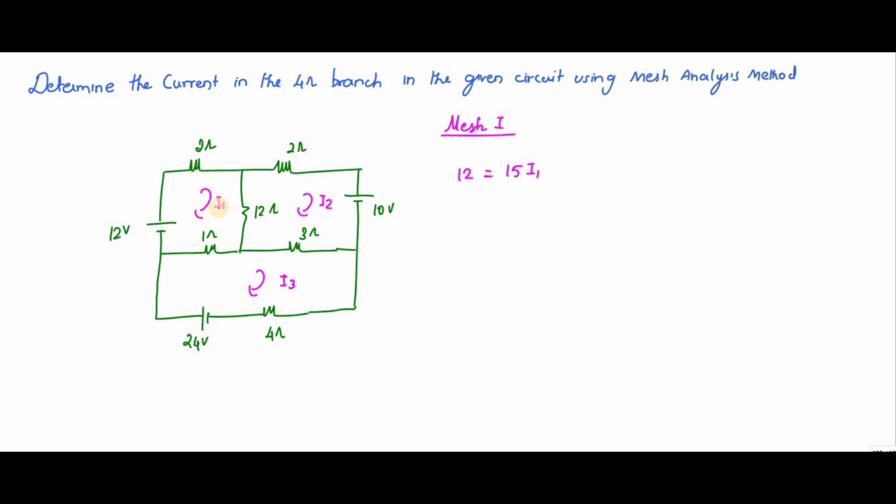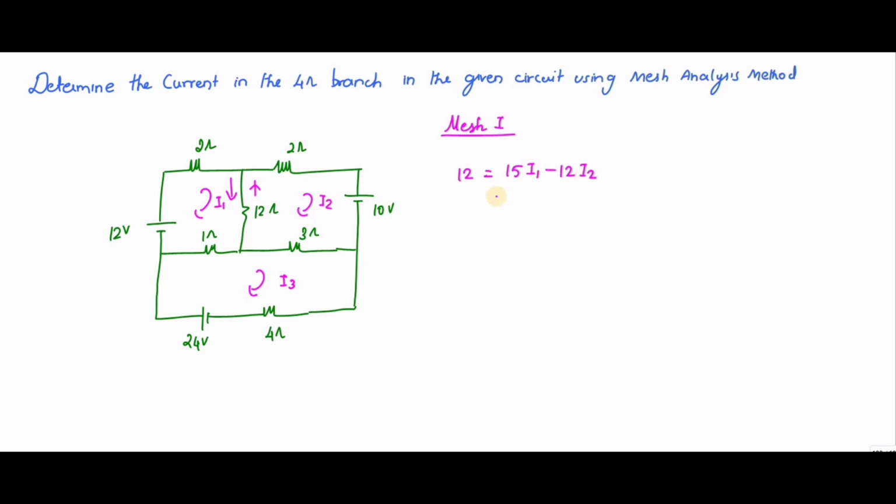Now we can see this 12 is between the I1 and I2 currents. The I1 current is flowing in this direction and the I2 current is flowing in this direction, so both currents are in opposite directions.